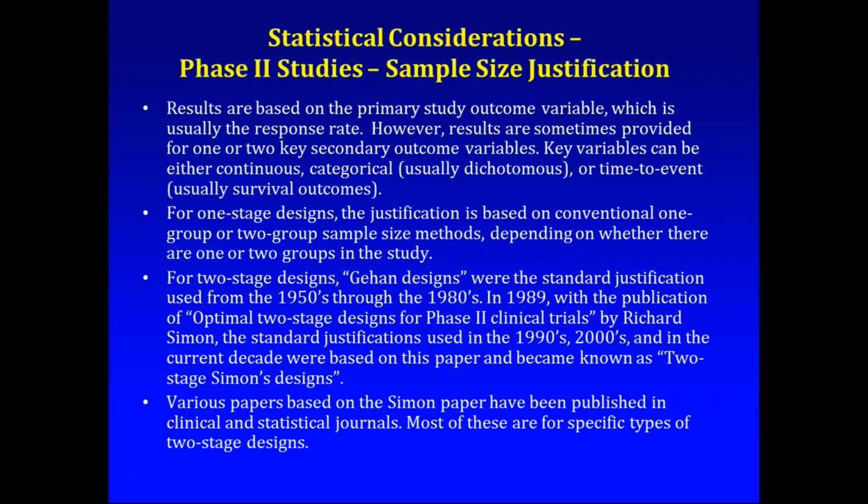And is it worth putting your resources into doing that study? The second part is, for any study that you do, you need a separate sample size justification. So even if you're using the exact same sample size as another study, the sample size justification should be done and considered separately.